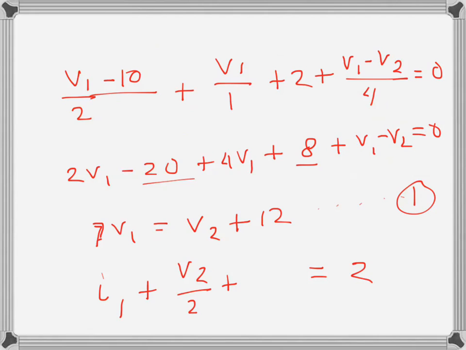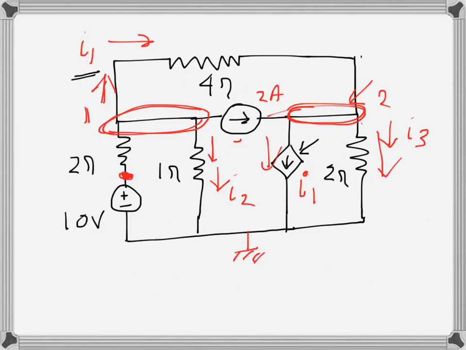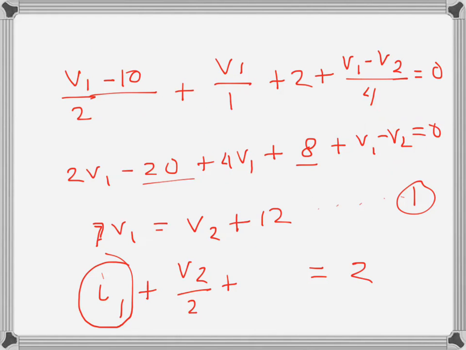In this case I would prefer writing in terms of I1, because I already have an I1 here. So this current is entering current, so it will be negative I1 if I write it on the left hand side.